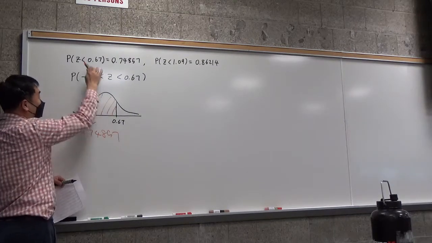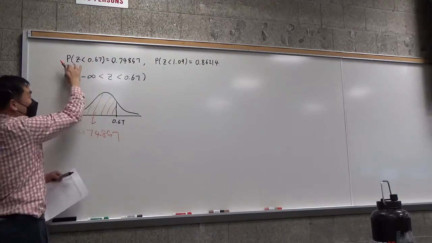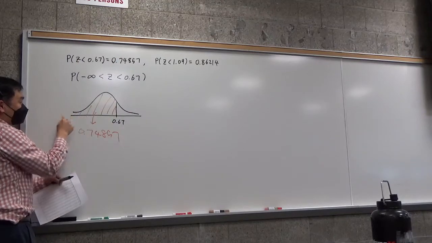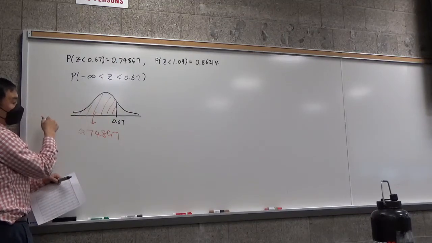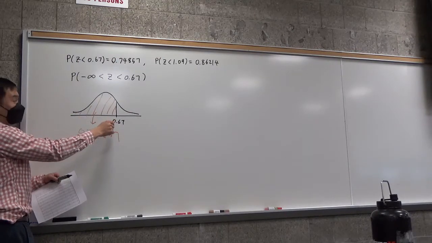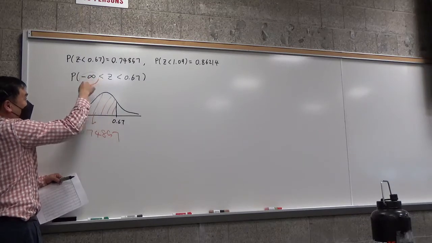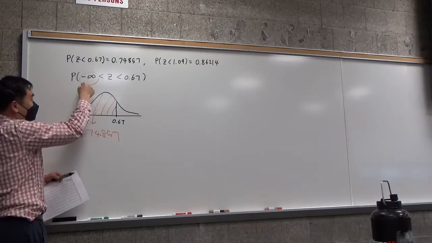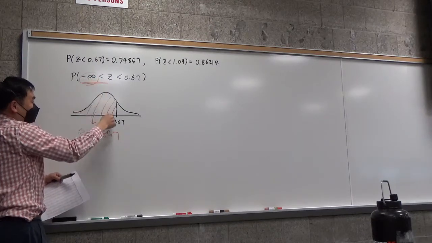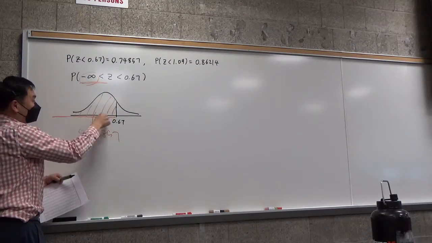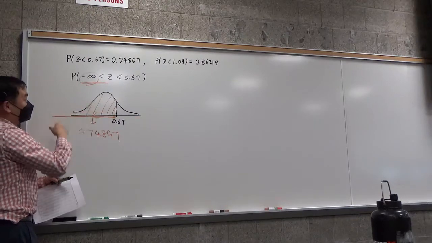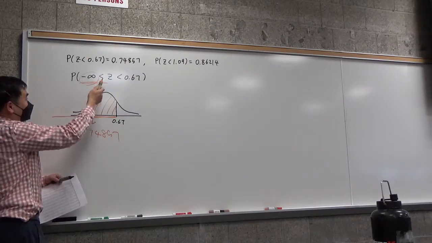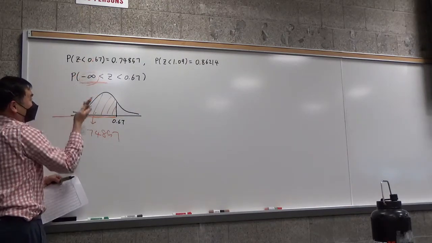That's what it means. What this is really saying is this one. And because this interval starts from negative infinity up till 0.67, that's why sometimes I put that. But any number is bigger than negative infinity, right? So this is just to give you an idea that the interval that we're thinking of is this infinite interval, but it's more customary to just write this instead of that.